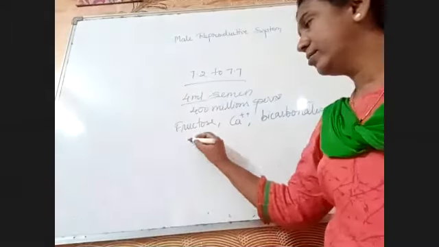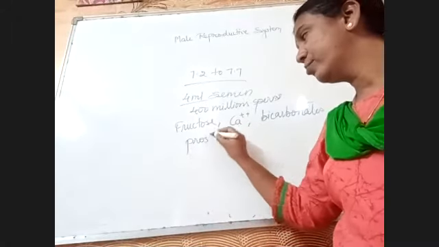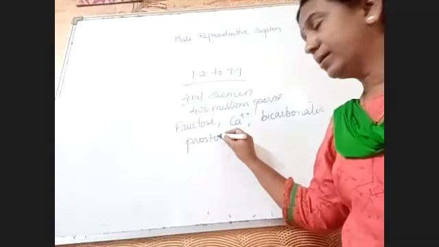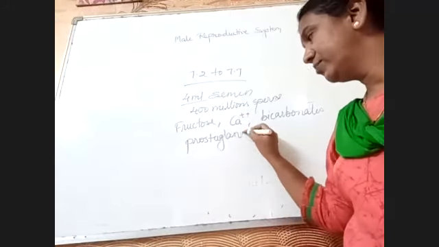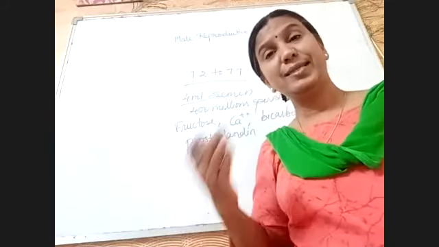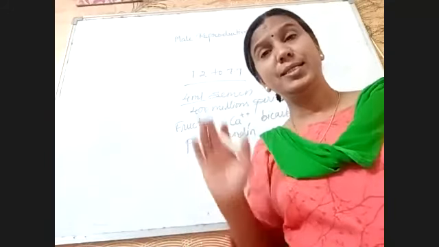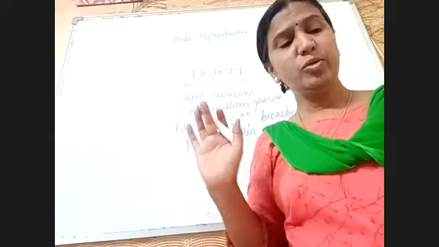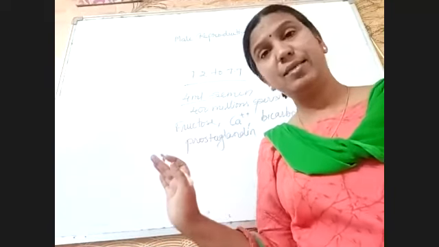For movement, prostaglandin is present. Prostaglandin will provide movement to these sperms so that they will reach the ovum. So this is about the semen.